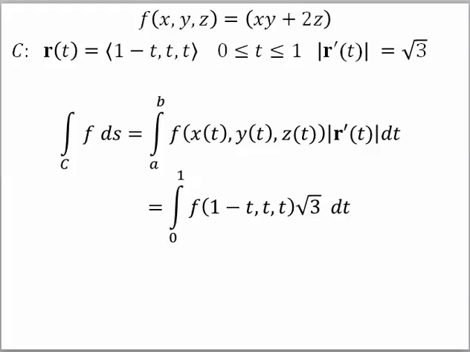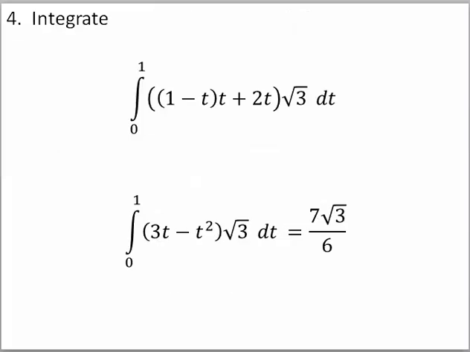R prime is the square root of 3. And now I need to write f in terms of the parameterization. After I do that, I clean up that integrand and then integrate. And so the line integral from the point P to Q is 7 radical 3 over 6.